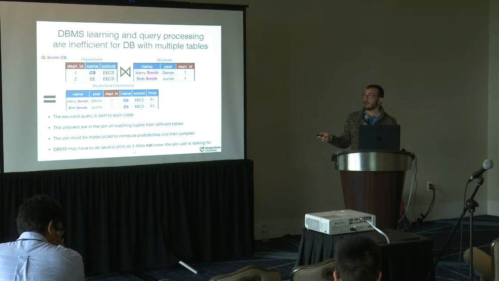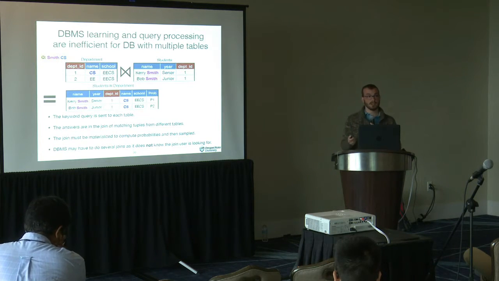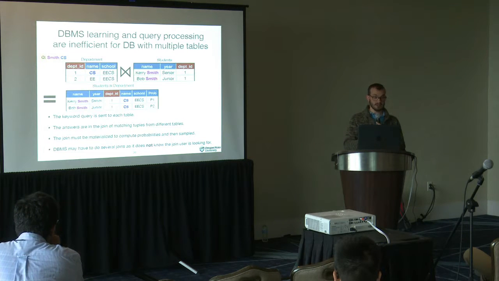We process this keyword query over it, and we get a hit on CS on the first tuple in department, and a hit on Smith in both tuples in students. And so we join them together. Okay, and we have to fully materialize the join, and then we sample over the fully materialized join table here. And the database system actually may have to do several joins, many different joins, because it doesn't know exactly what type of join the user needs.